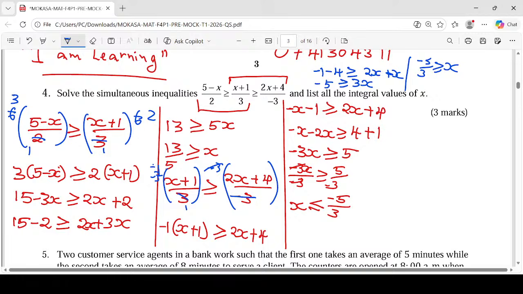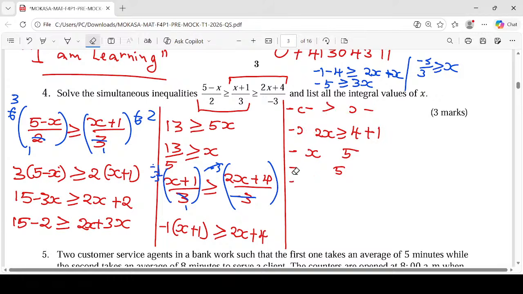I think to have this one well clarified, because I think this is going to give my learners some challenge, what I can do here, I should have cross multiplied. That one will be very, very easy to all my learners. Let me show you how we can achieve that in our second part of this inequality.